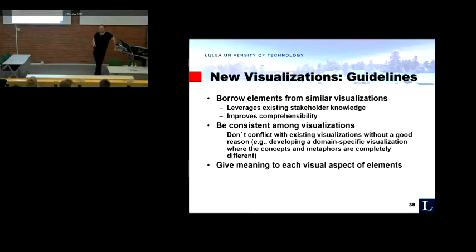So yeah, know the symbols, and I'm going to show you some symbols in a moment. Give meaning to each visual aspect of elements. You're going to see in the symbols soon that they try to model the symbols to mean something. If you create your own symbols, and I promote that, you can absolutely just scribble things on a whiteboard and then things take their own shape and form.